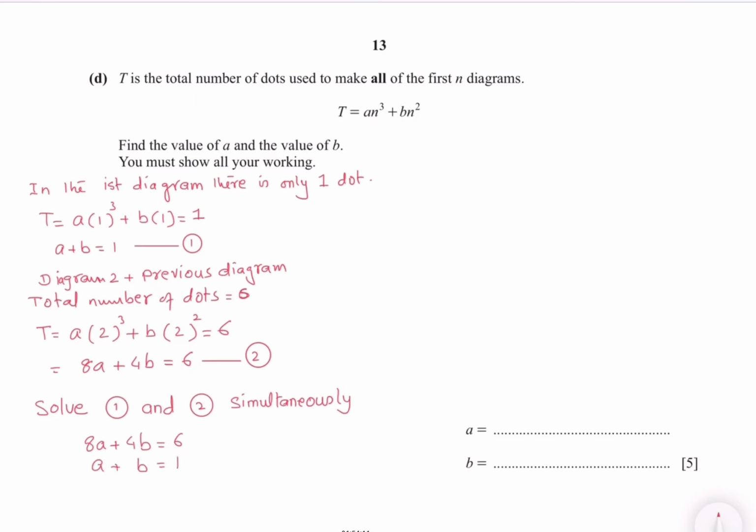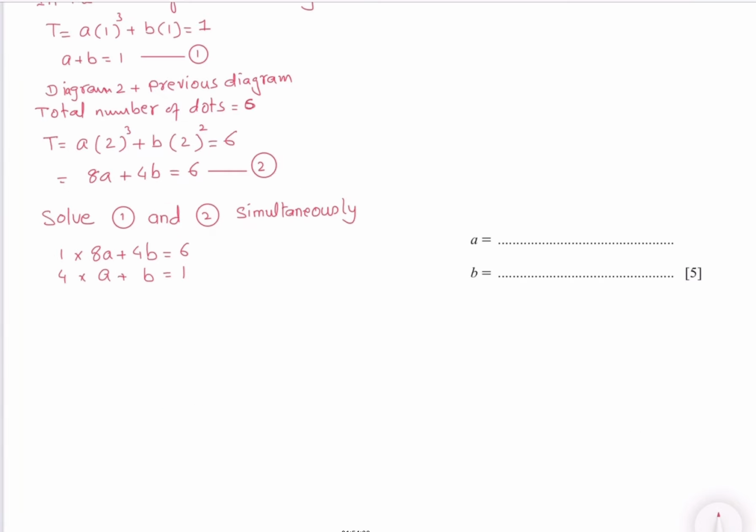Because I'm going to make b the same, multiply the upper equation by 1 and the lower equation by 4. So your b's become the same.